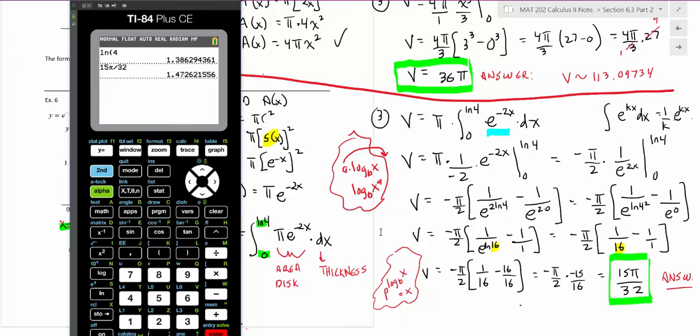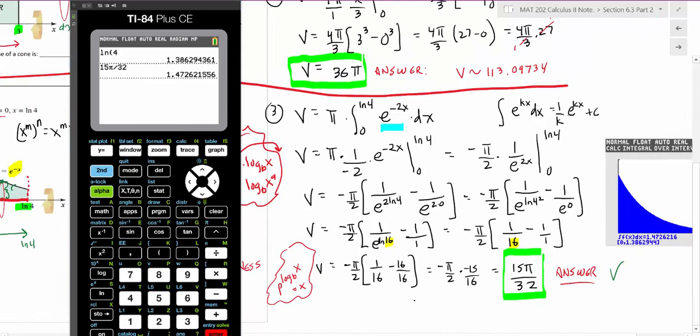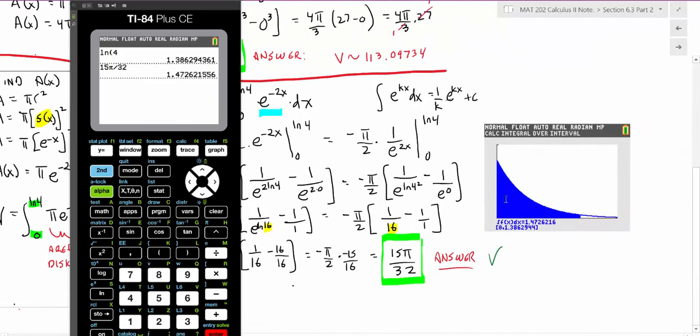And I went ahead and did 15 pi over 32 is 1.47. And the other thing I was going to do on this is, when I graphed this on the calculator and did the area, see that area turned out to be this right there, so that matches that. So they're both the same. You can see on your calculator that's the same.